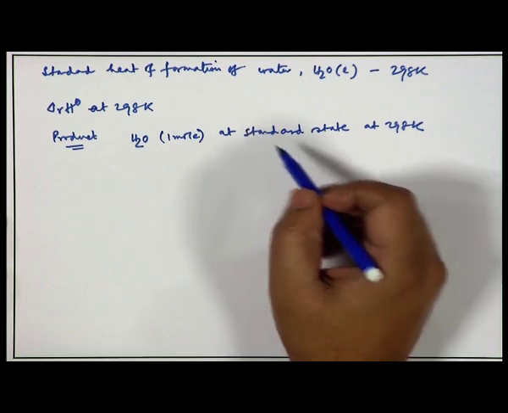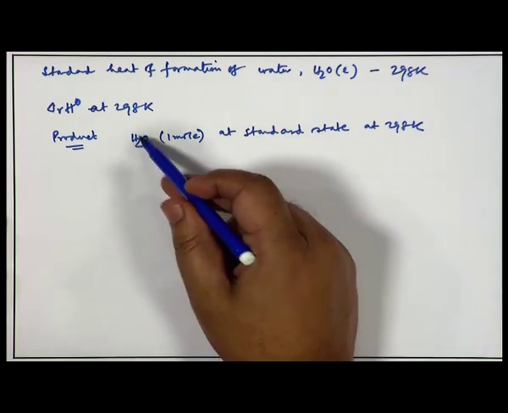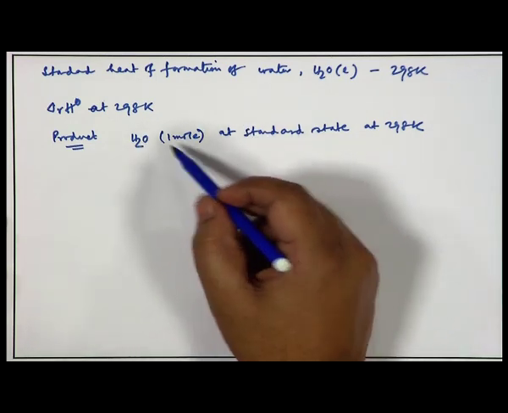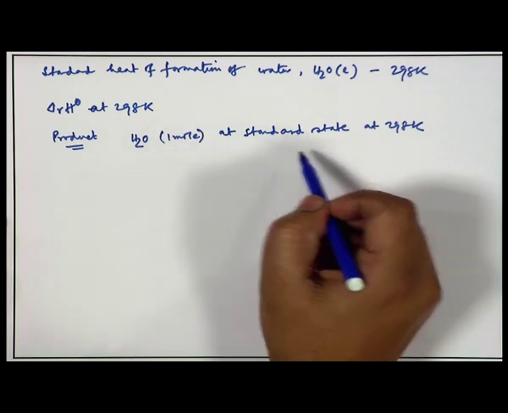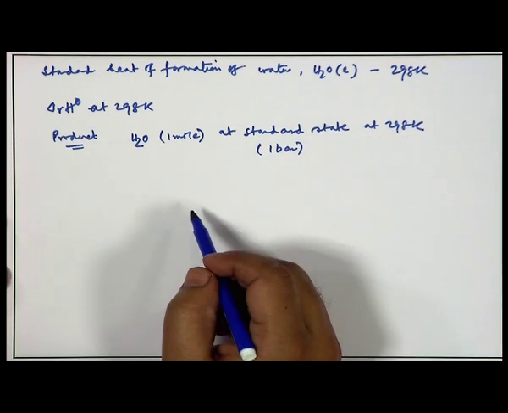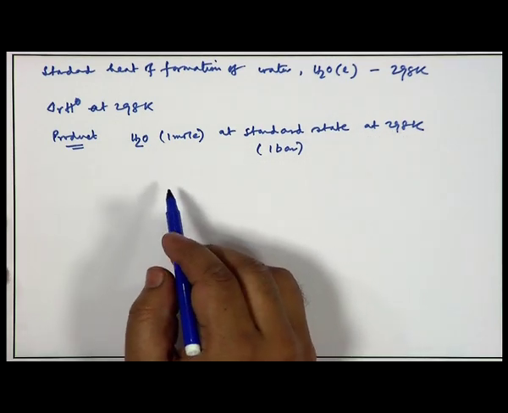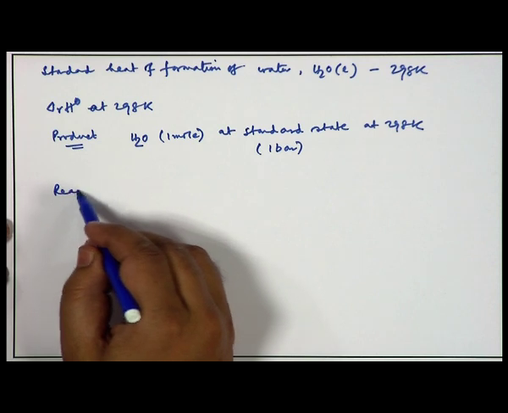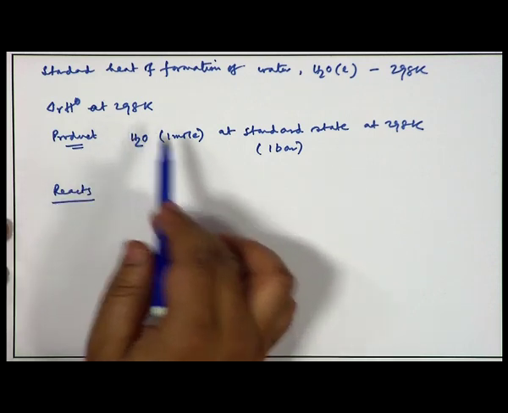Standard state means, as we defined in the last class, for a pure solid or liquid, the state which has 1 bar, if you can remember, at that particular temperature for the pure substance. The reactants would be the elements from which it is formed.